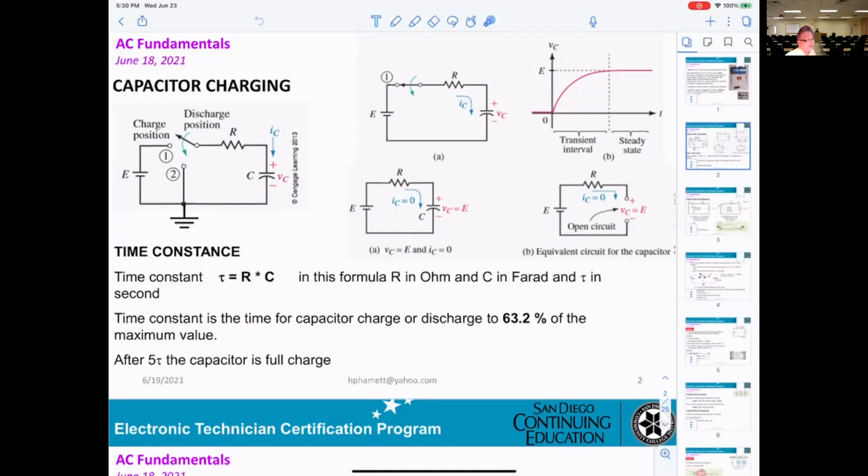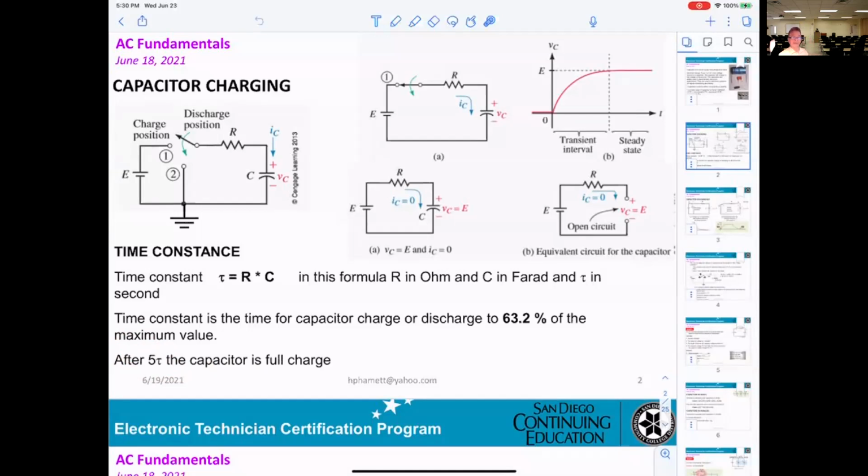That is the definition of the time constant. In the formula, R must be in ohms and C must be in farads. If you get a different unit, you have to convert it. And after 5 time constants, the capacitor will be fully charged.